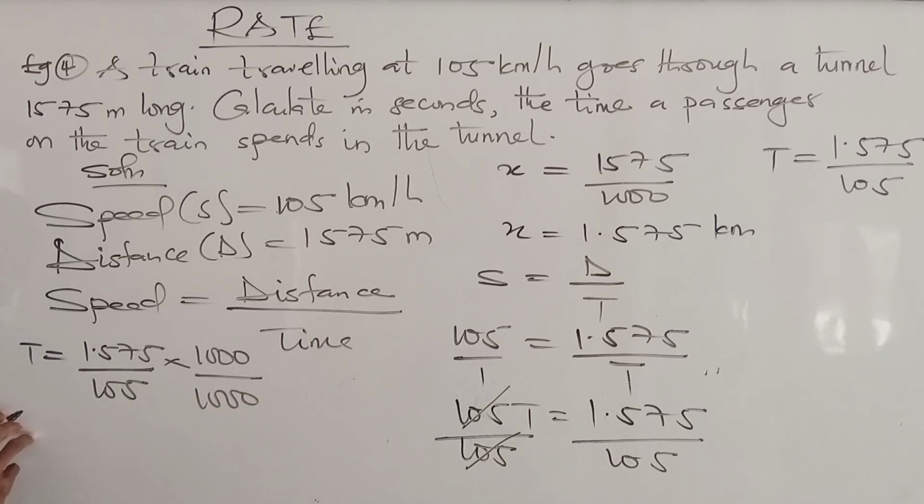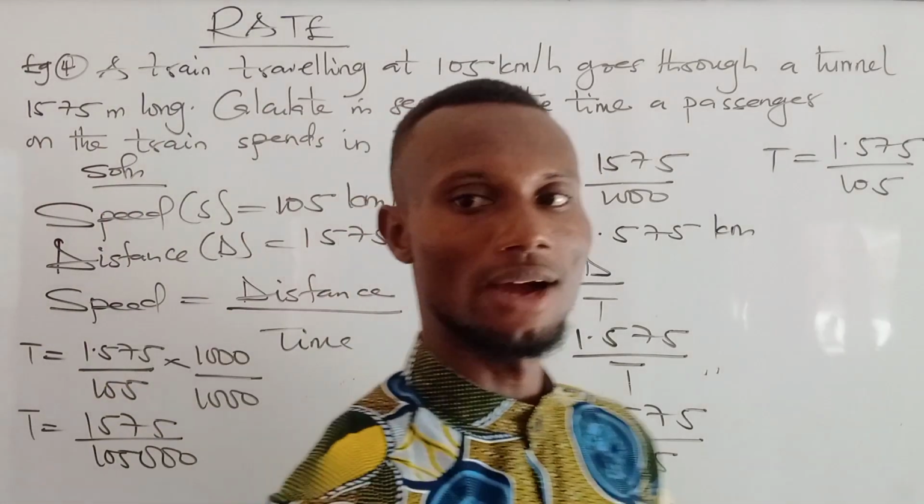I multiply this numerator by 1000 and this denominator also by 1000, so that I have my t equals 1575 over 105000. Very simple. Now this is how it works.